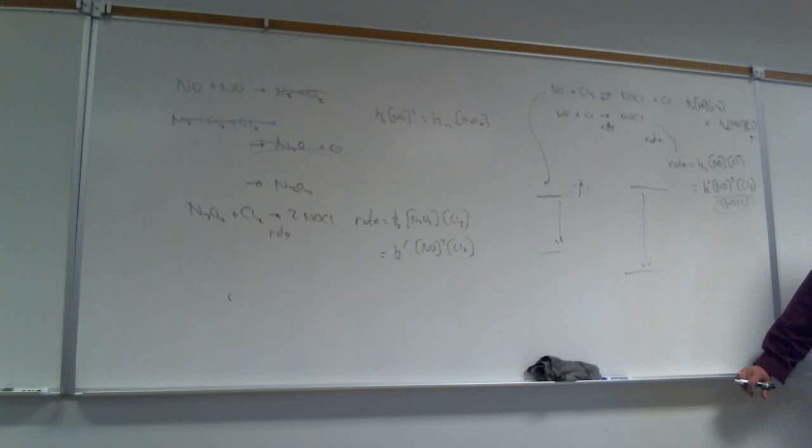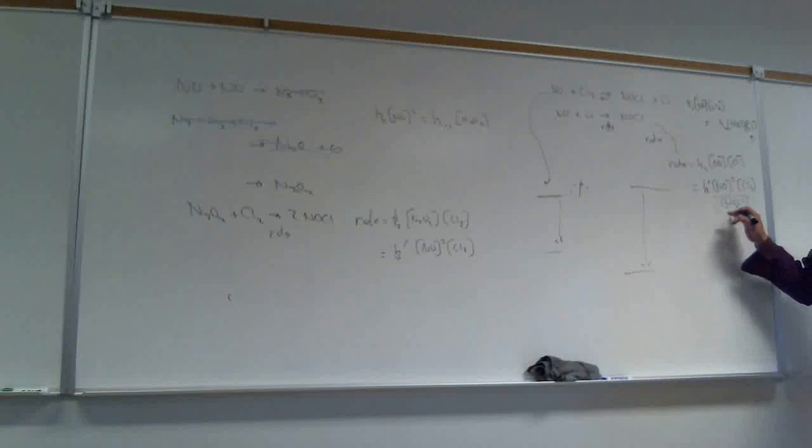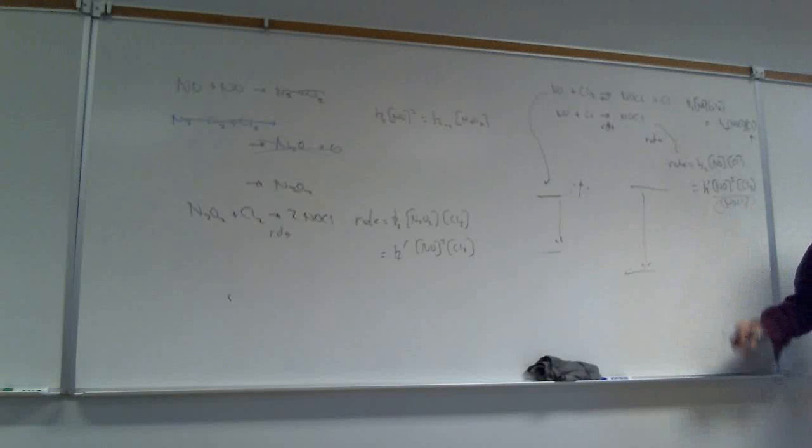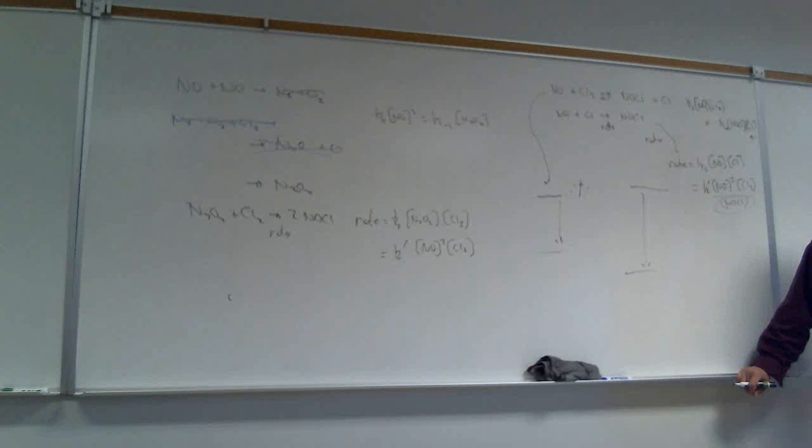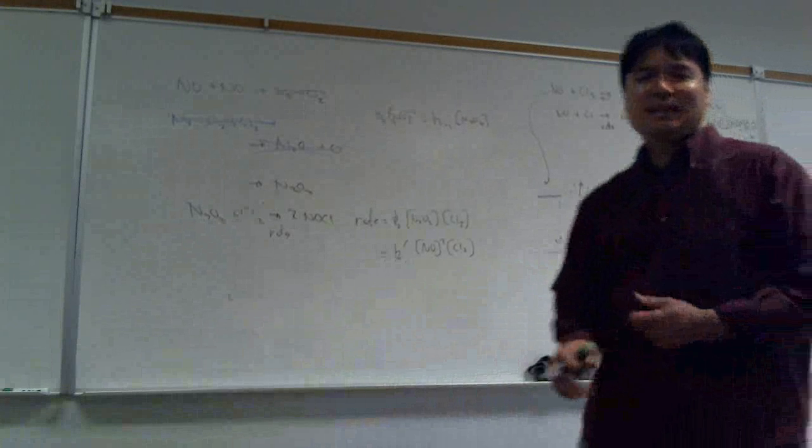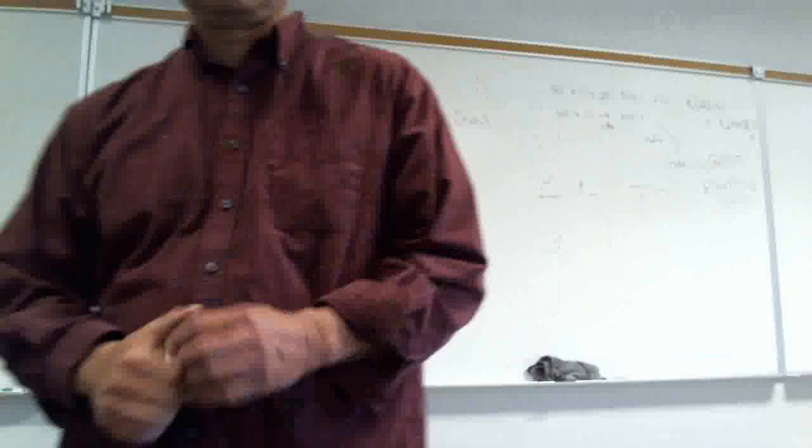Well, anyway, if the NOCl were 1 molar, then yeah, it'd work out quite nicely. But how do you prove it? I think it's a mistake in the solutions manual.